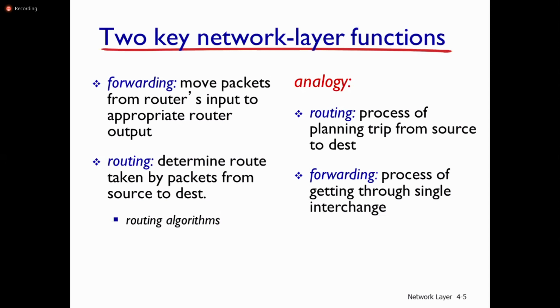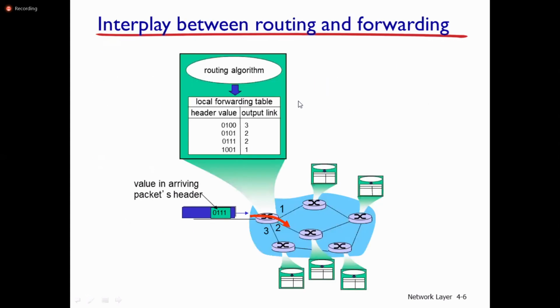But forwarding is simply which input is connected to which router output. For routing, we are going to study various routing algorithms. If you look at the analogy, routing is nothing but the process of planning a trip from source to destination. But forwarding is the process of getting through a single interchange. That is nothing but forwarding.